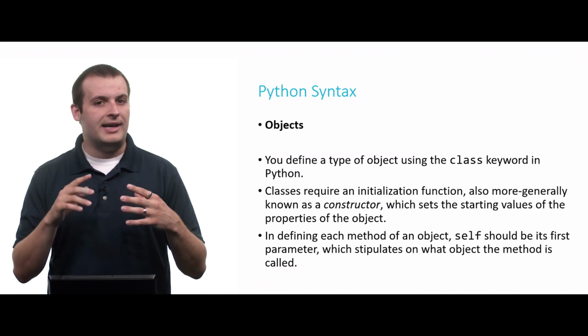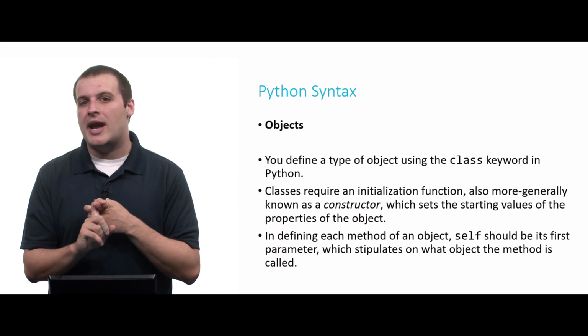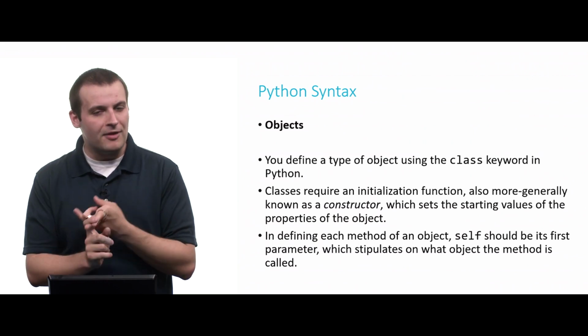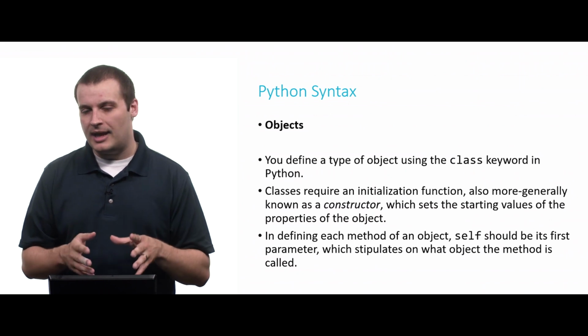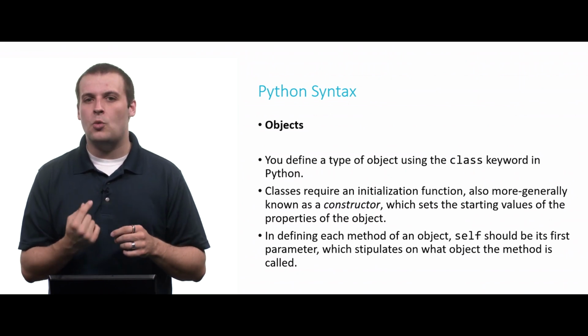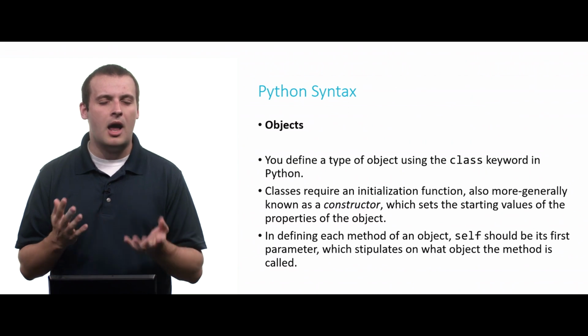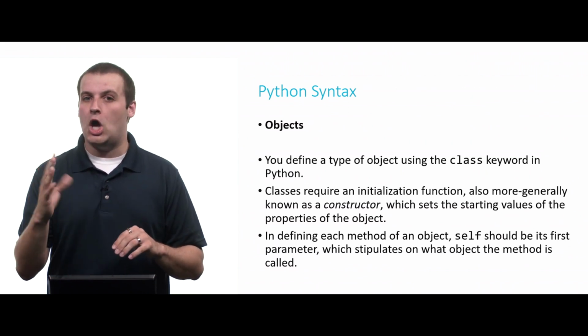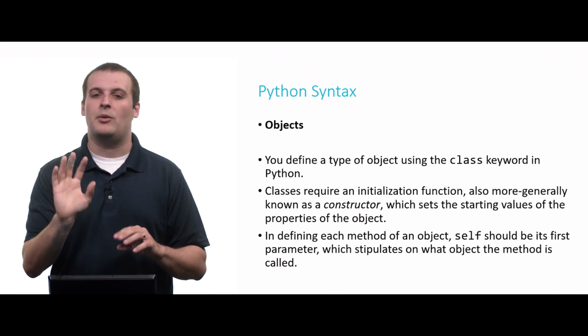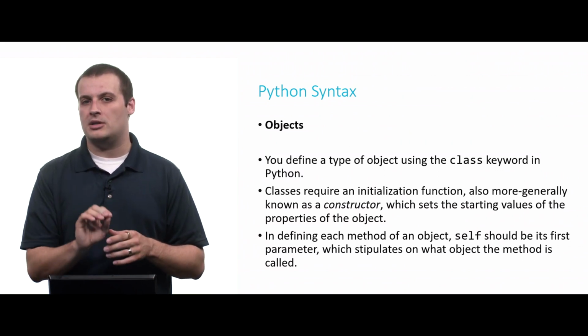Then, in addition to defining the properties of the object, we also have to define functions or methods that can apply to the object. Every method that we define inside of the class has at least one parameter, and that parameter is canonically, although you don't have to call it this, called self. All it is is a reference to the object so that we always know what object we are talking about.